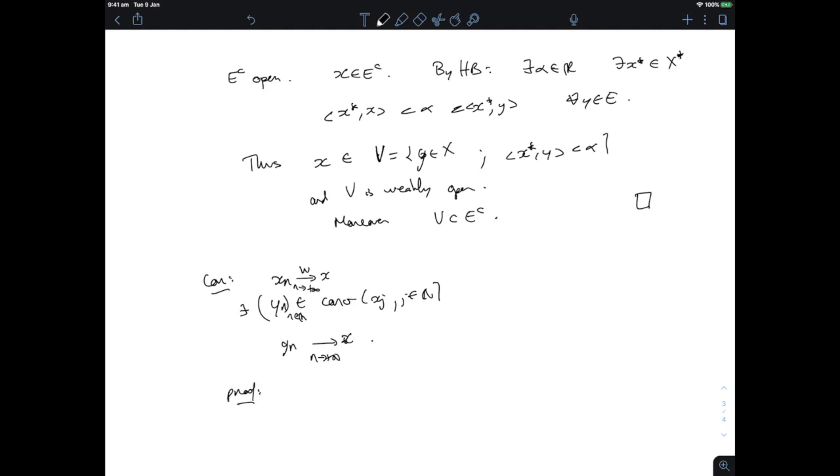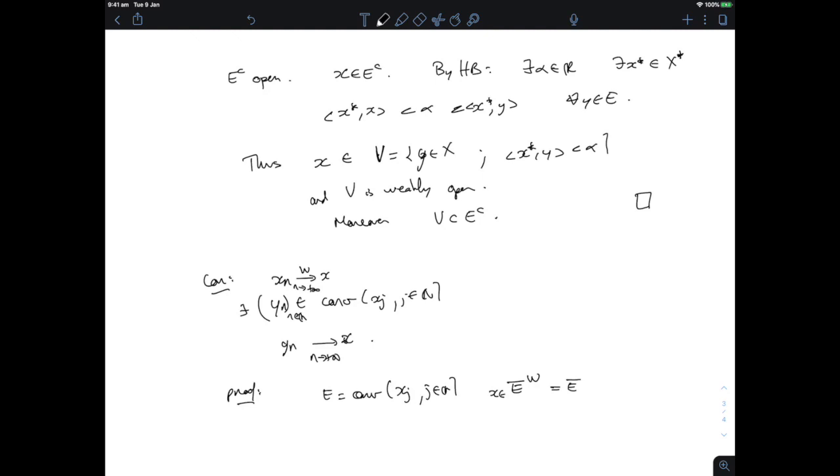It's just you take E to be the convex hull of the xj's, anything that can be written as a convex combination of xj's, and then you take its weak closure. And of course, x is in its weak closure, but the weak closure is the strong closure because E is convex. I took it to be convex by making it a convex hull.